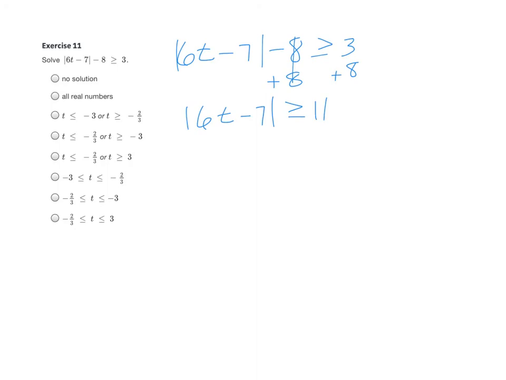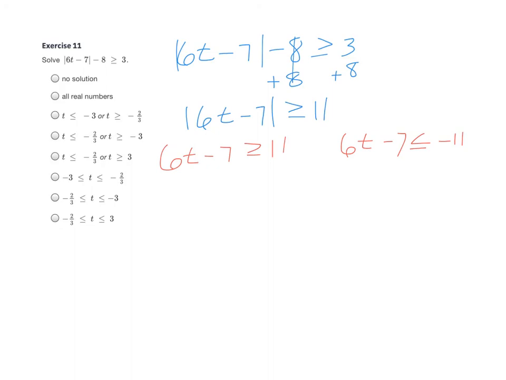Now I'm going to split it, or rather I should ask myself, we know this is positive. Can it be greater than 11? Sure. So now, let's split it. 6t minus 7 greater than or equal to 11, and 6t minus 7 less than or equal to negative 11.